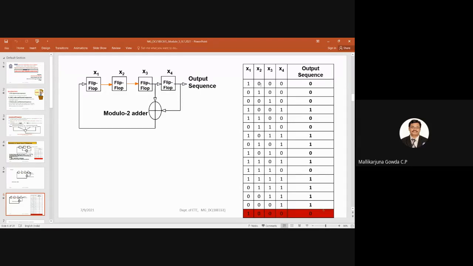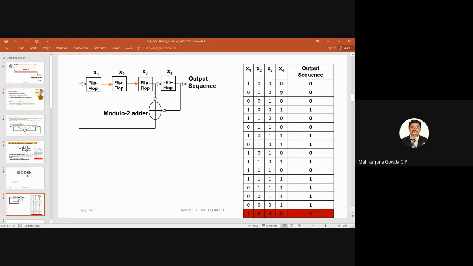Okay, for the first clock pulse it is that. Then for the second clock pulse, what happens? X3 XOR with X4. Here X3 is 0, X4 is also 0. So 0 XOR with 0 will be 0. That will be fed as input to flip-flop 1. That is why 0 comes into flip-flop 1. Then it gets shifted to the right side, right? So 0, 1, 0, 0. Then for the next clock pulse, X3 is 0 and X4 is still 0, right?